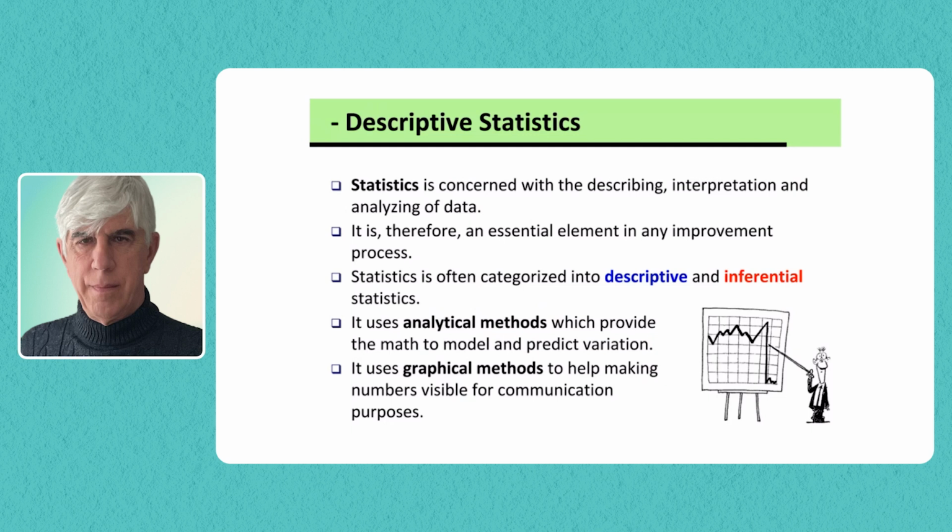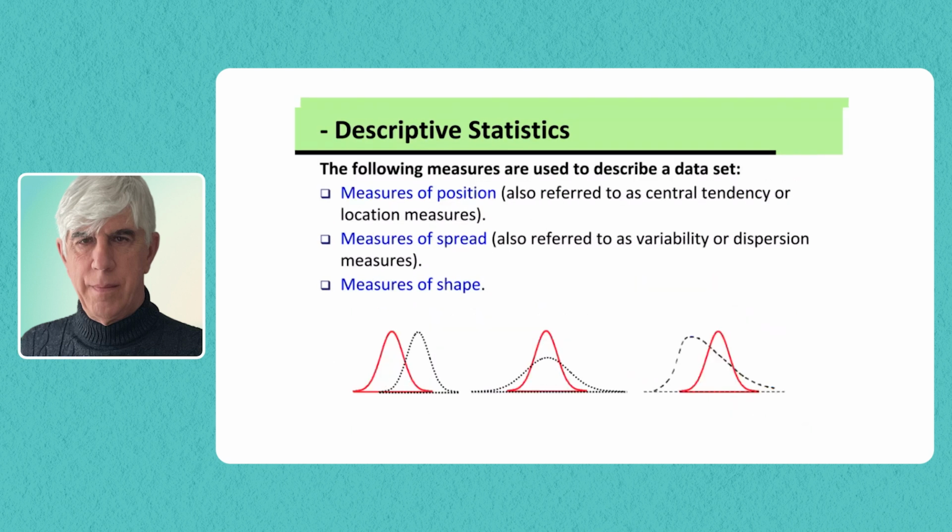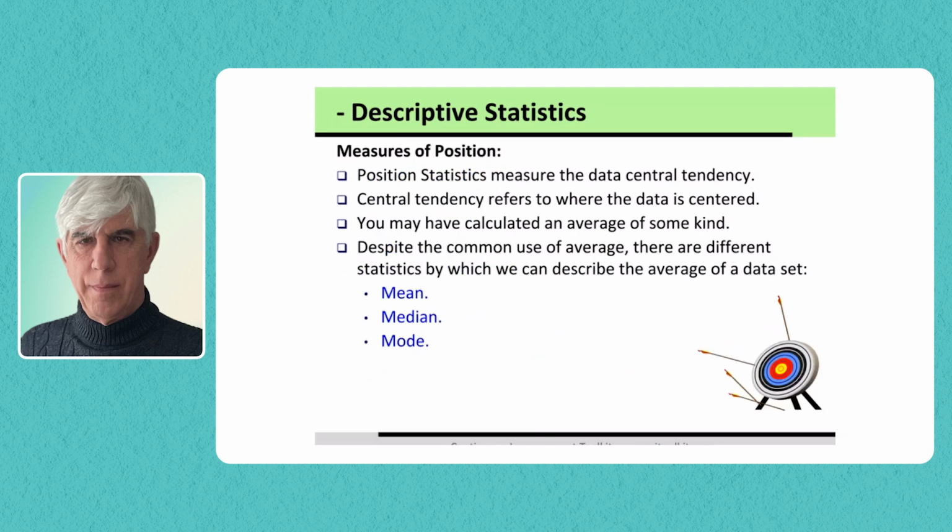And as regards the analytical methods, there are a number of issues like the measures of position, the measures of spread, and the measure of shape, the shape of the distribution. And again, you have to decide what measure you want to use to represent your data.